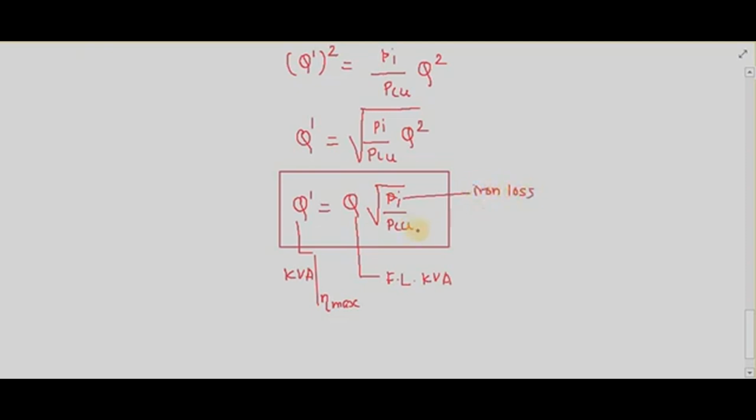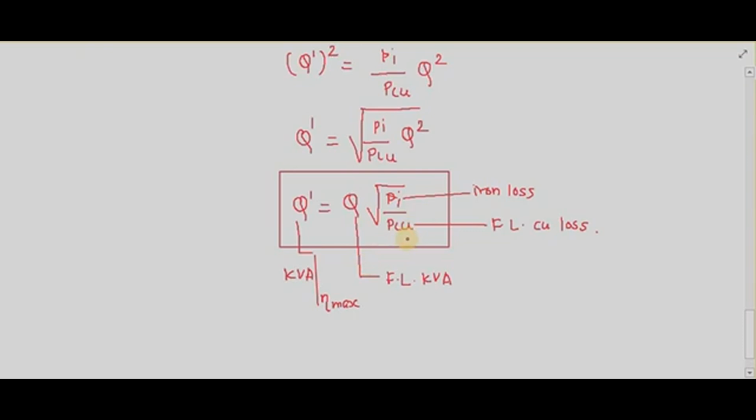And this will be your full load copper loss. So I can say that kVA corresponding to maximum efficiency is equal to the full load kVA into under root of iron loss upon full load copper loss.